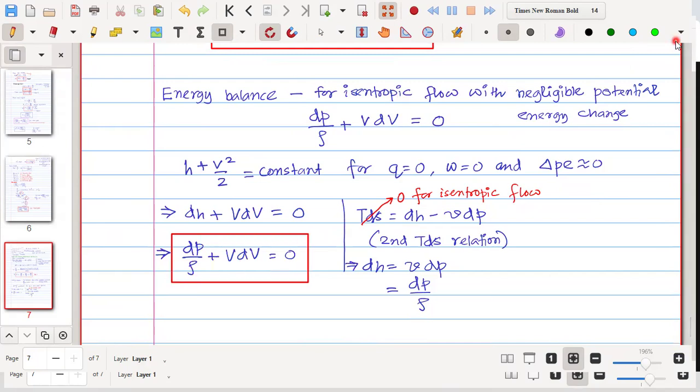So that we can see, that we are using here. Okay. So that is the energy balance for the isentropic flow with no heat transfer, no work done, and no change in potential energy. Okay.